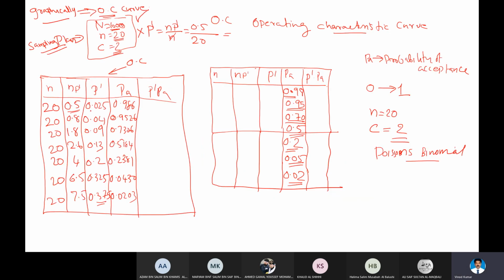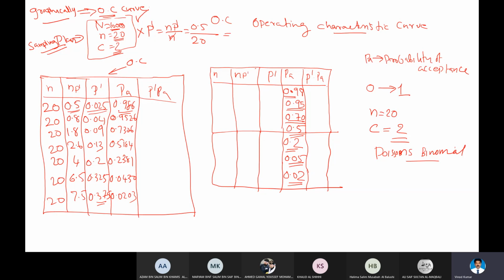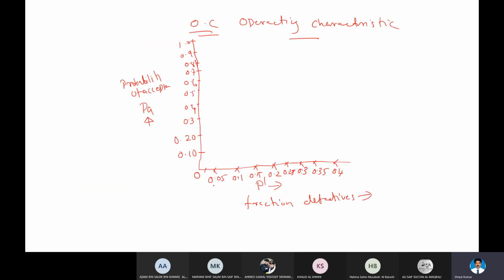Now let us go to fraction defective 0.025, with 0.986. 0.025 means in the middle, and PA, probability of acceptance, is 0.986, closely here.